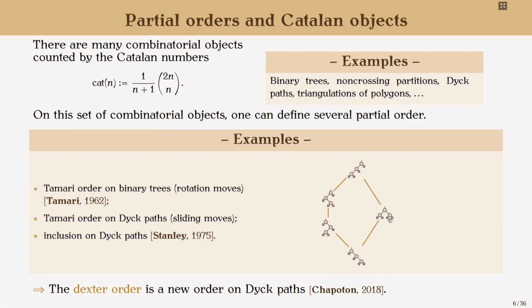You can see this diagram as an oriented graph from the top to the bottom. And here, this is a binary tree of size 3, because we have 3 internal nodes.